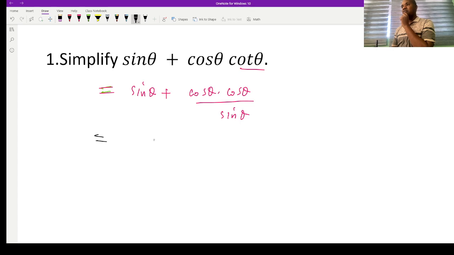So that is going to be equal to, you put in a common denominator, so you have sine theta, and here you'll be having sine squared theta plus cos squared theta.